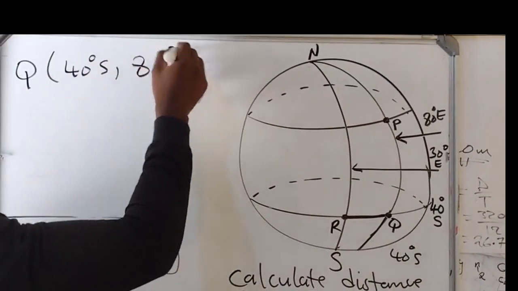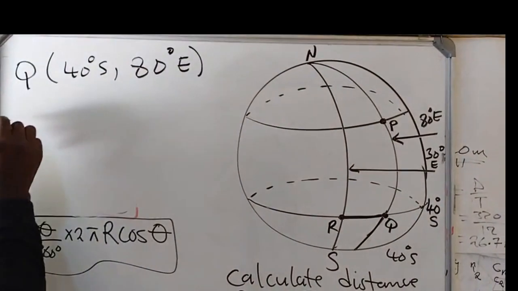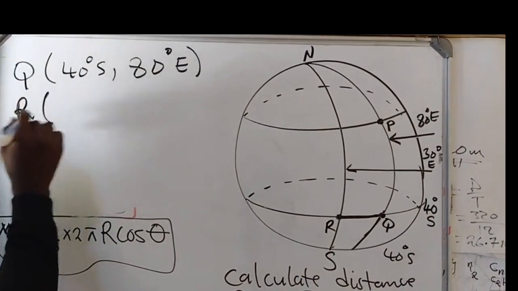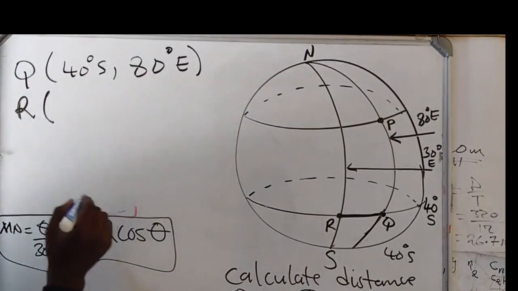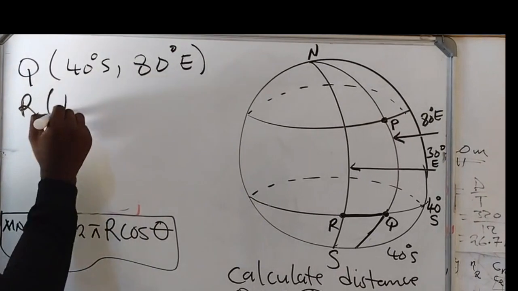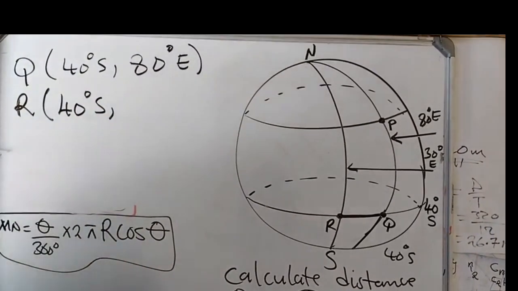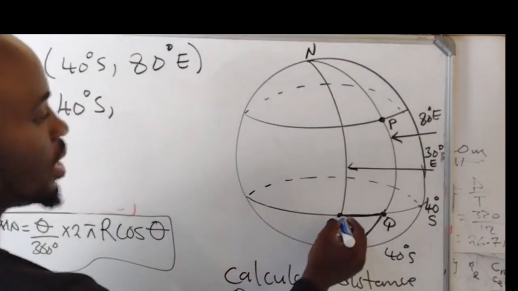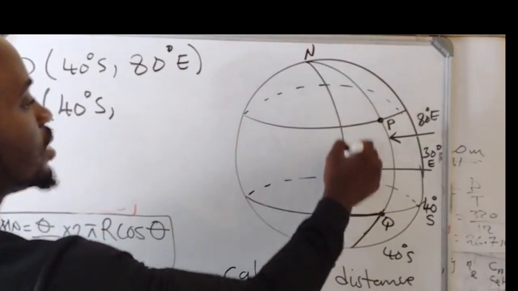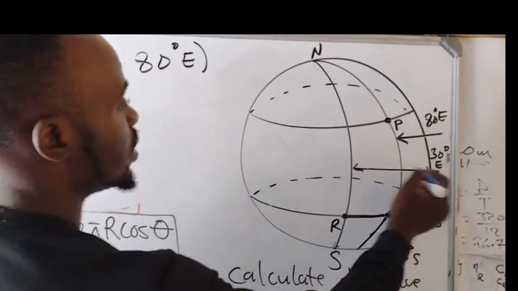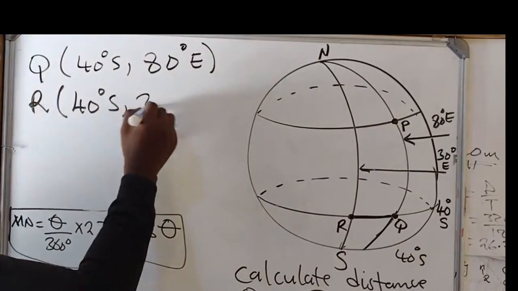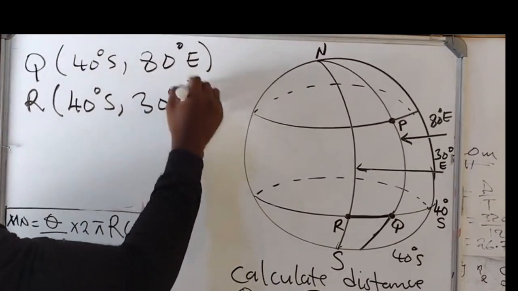We come to R. I've said Q and R are lying on the same latitude, so even here it's 40 degrees south. Then on which longitude is R lying? This longitude is 30 degrees east.